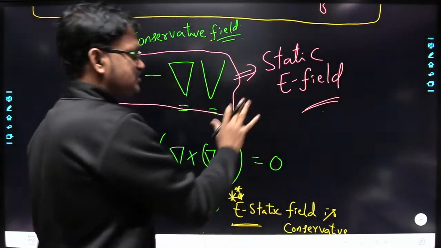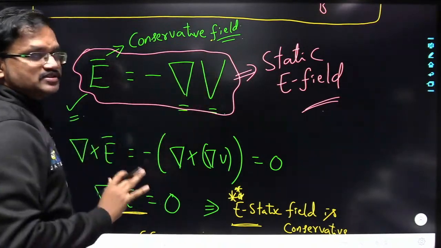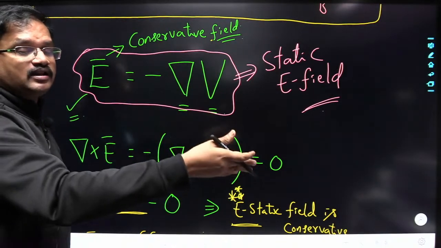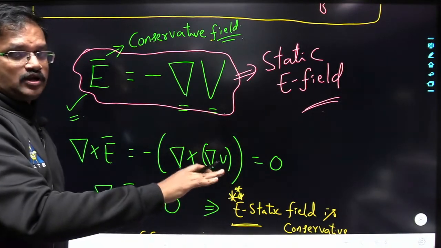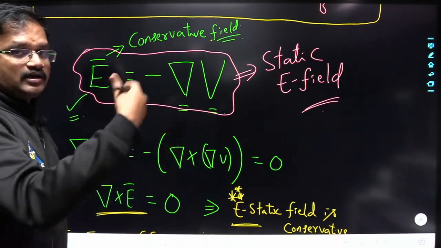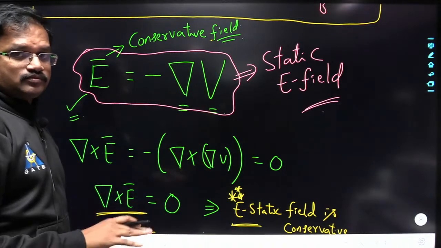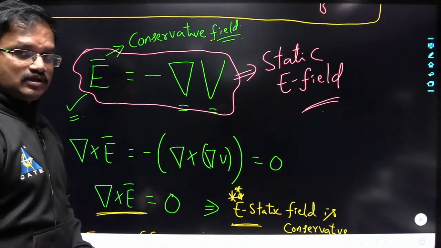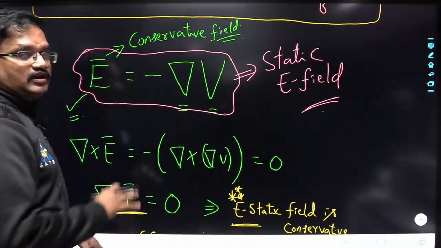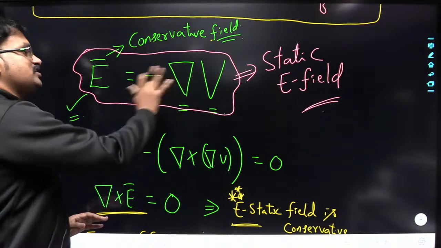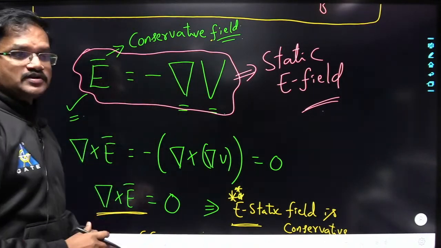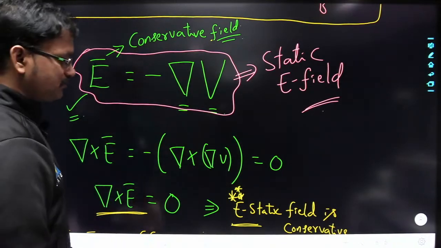We can represent a conservative field as gradient of some scalar function, but whenever you enter into the time varying case, the electric field is not a conservative field. So there this relation doesn't hold. Only in the static case is the electric field conservative, and hence this relation is also valid, because we can represent the conservative field as gradient of some scalar function. Right? Okay.